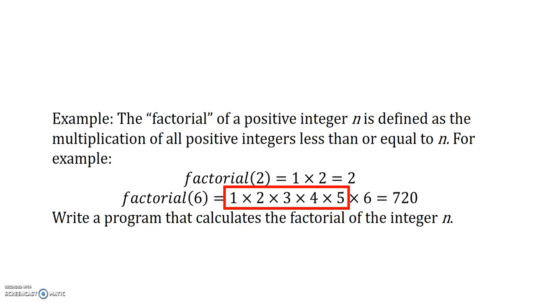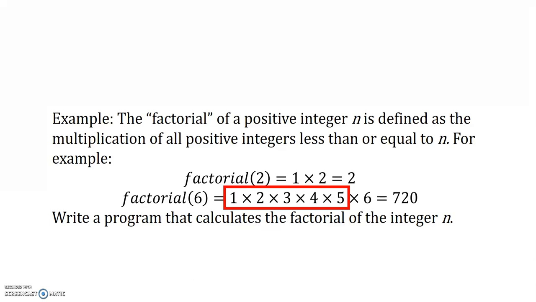You see that the factorial of a number is actually the factorial of 1 less than that number multiplied by the number n. So for example, you're looking at the factorial of 6, and you see that it's nothing more than the factorial of 5 multiplied by 6.